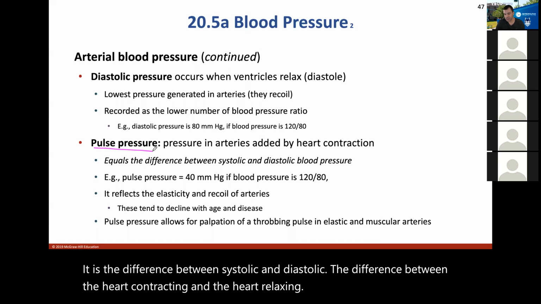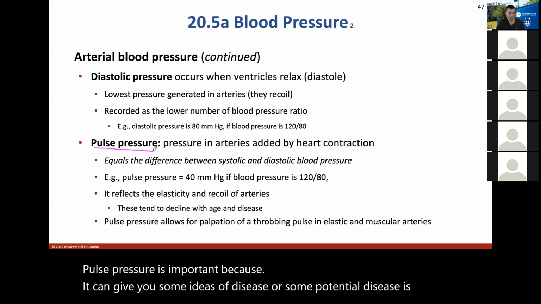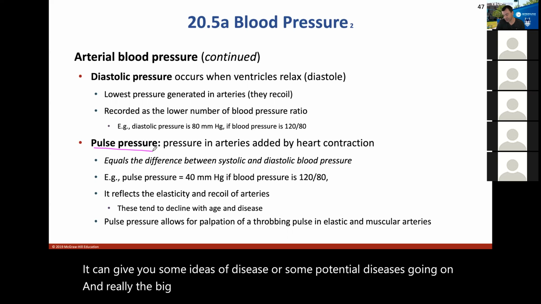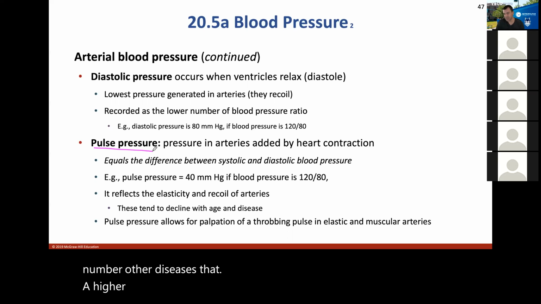Pulse pressure is important because it can give you some ideas of disease or some potential diseases going on. And really the big one is going to be high blood pressure, but there's a number of other diseases that a high or low pulse pressure can be indicative of.